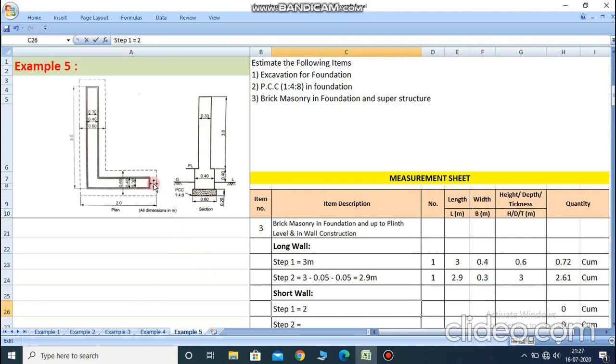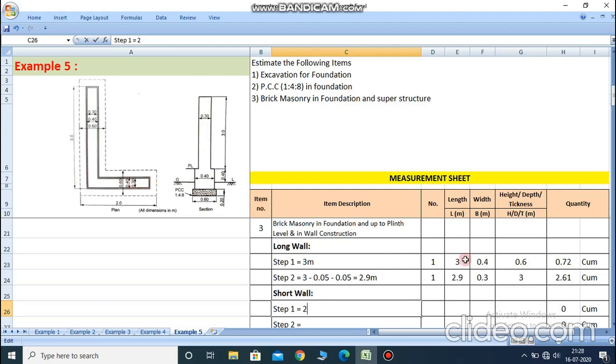Then we subtract this part from the dotted line to the inner border of the 0.4 meter width. So this portion is 0.1 meter, because here 0.6 and 0.4, the difference is 0.2. So this offset is 0.1 and this offset is 0.1. So here we calculated this offset 0.1 and also subtract this offset 0.1.